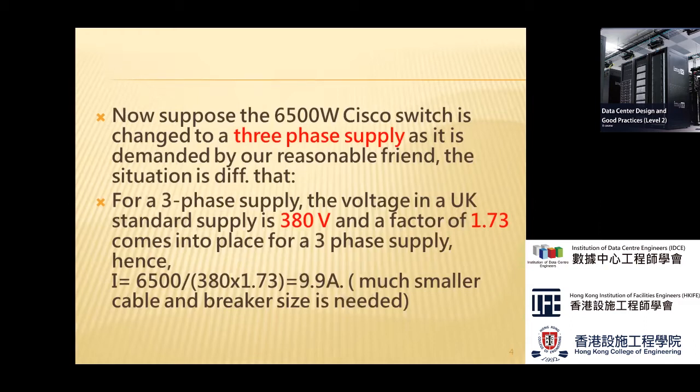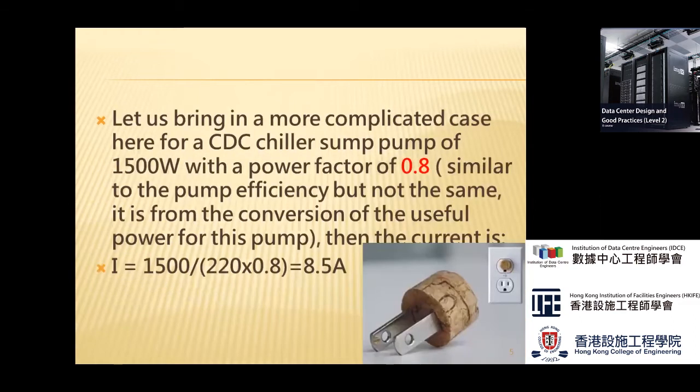Even based on the same distance, right, for the power supply from the source to the equipment there, the Cisco switch, the cable size are much smaller and more efficient. All right, so it's very interesting between single phase and three phase.